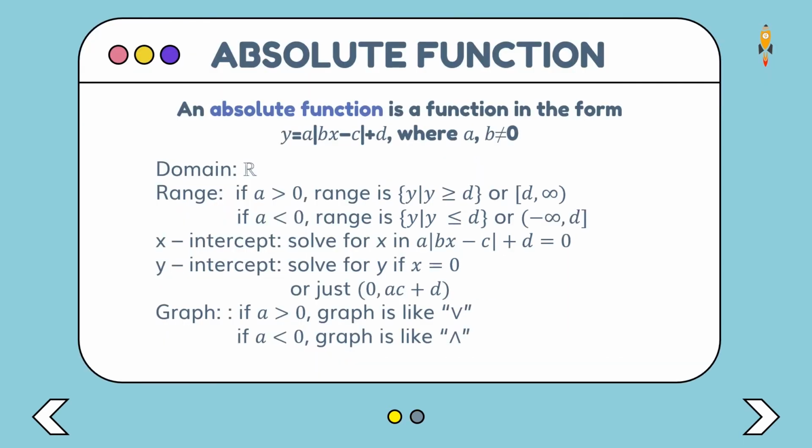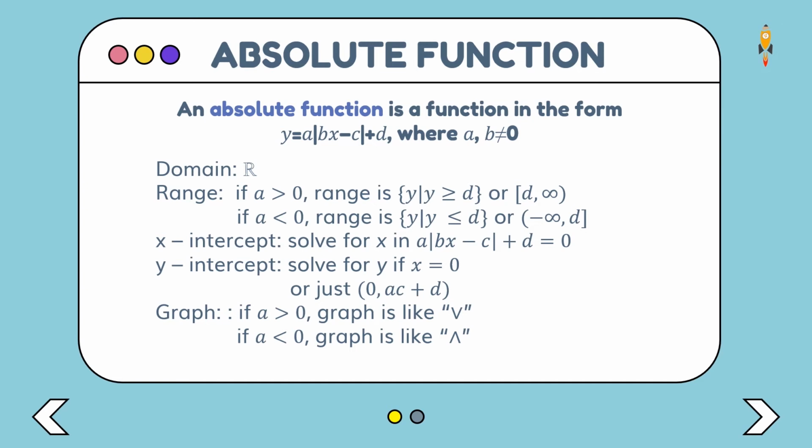Absolute function. An absolute function is a function in the form y is equal to a times the absolute value of bx minus c, plus d, where a and b are not equal to 0. If a is equal to 0 or if b is equal to 0, it is not an absolute function anymore, but a constant function.